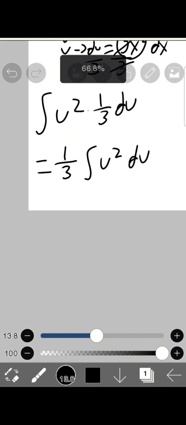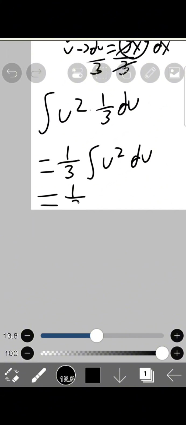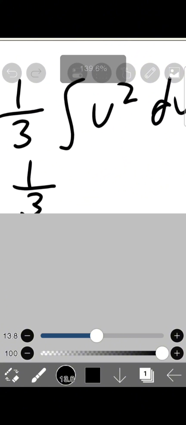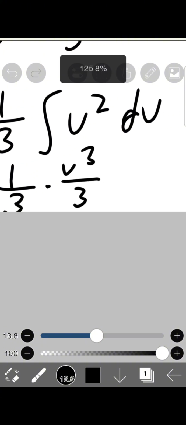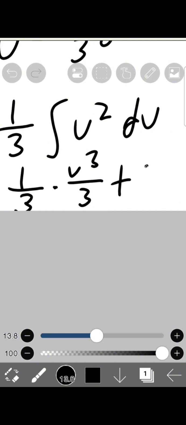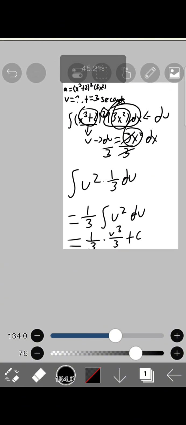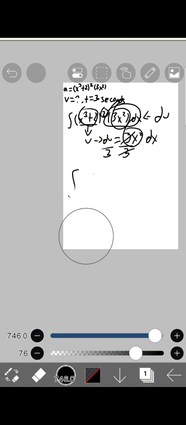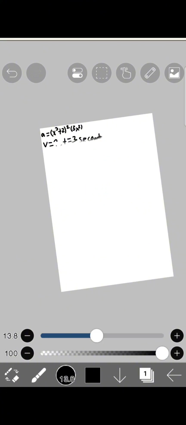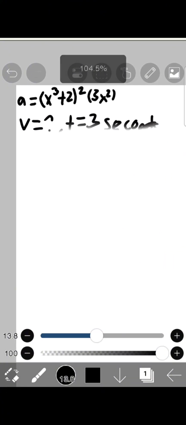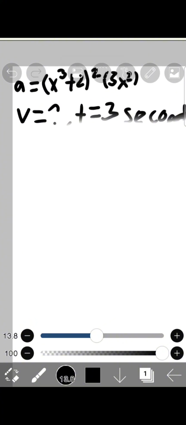This is simply 1 all over 3 multiplied by u cubed all over 3, plus C. 1 all over 3 multiplied by u cubed is the same as u cubed all over 3.